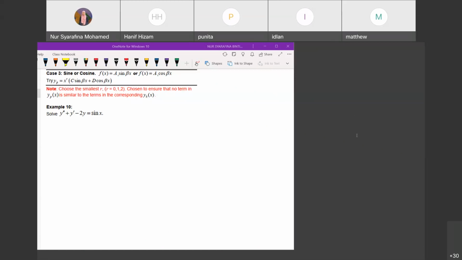Okay, thank you. Homogeneous, f(x) equals 0. Non-homogeneous, your right-hand side function is a function of x.